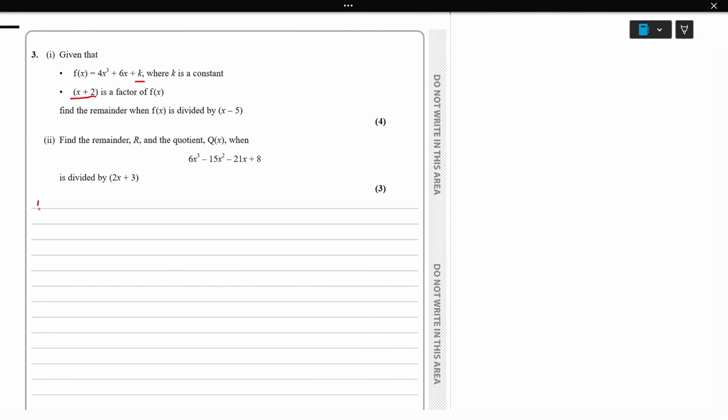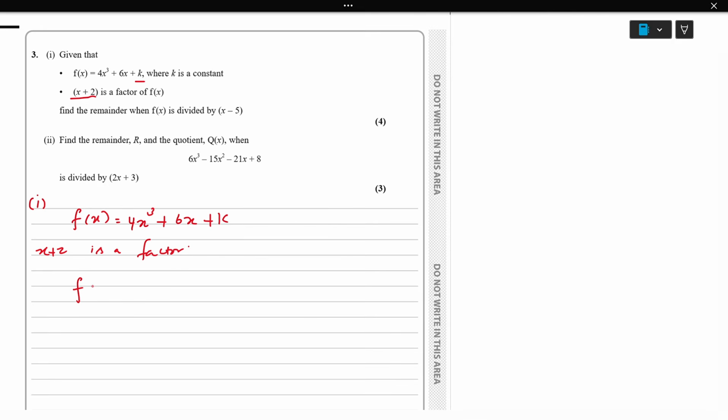So first part. The function is f of x equals 4x cubed plus 6x plus k. It's given x plus 2 is a factor, so we'll use the remainder theorem.